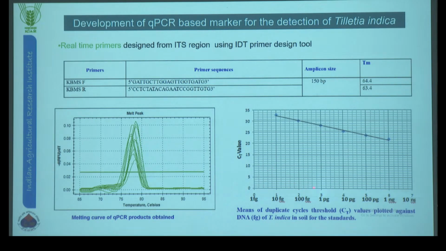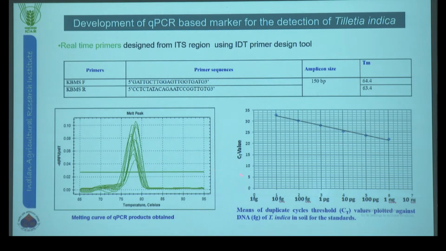Different quantities of DNA can be detected. What is the lowest dose we can detect? In this case, you can see up to 1 nanogram. If any infected tissue has 1 nanogram of DNA, that can be detected by real time PCR.